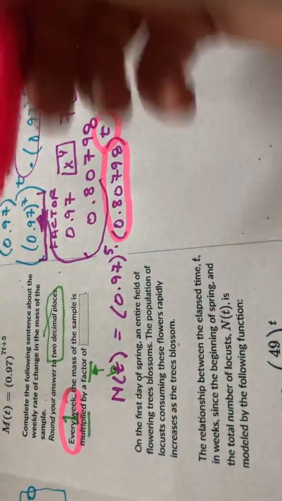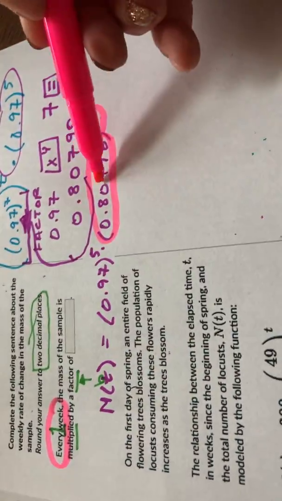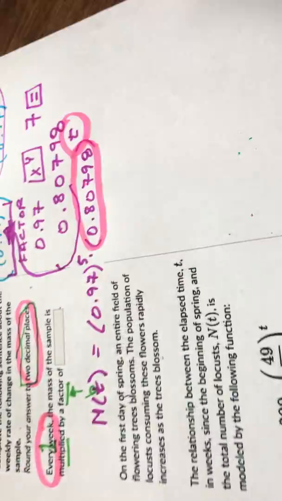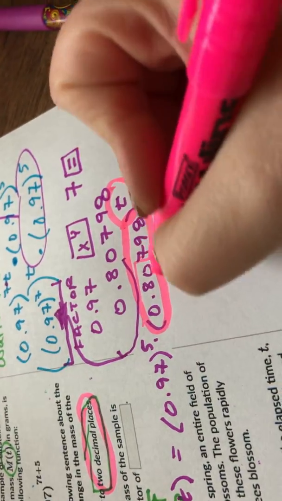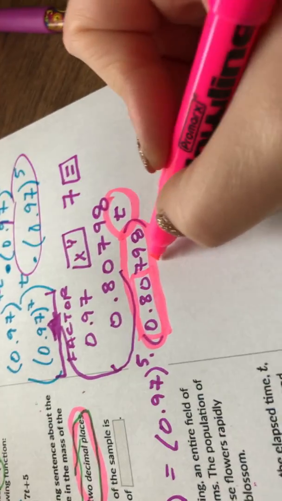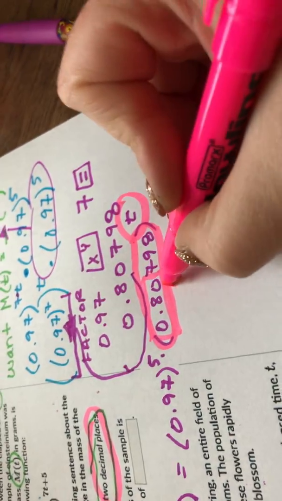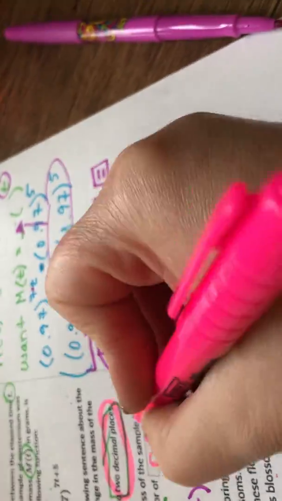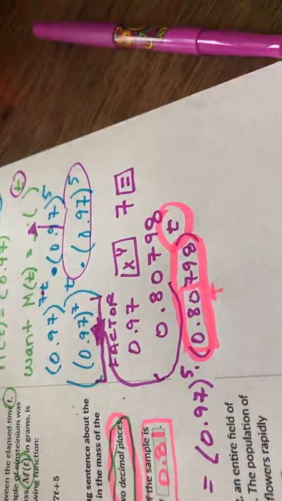So I'm going to put this decimal in this little box, only it says round to 2 decimal places. So I need it to stop right after that 0. The 7 is bigger than 4, so it makes that 8 go up to a 1. So 0.81. Hey, that's what I put in my box.